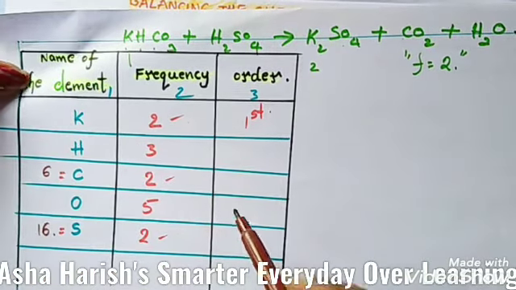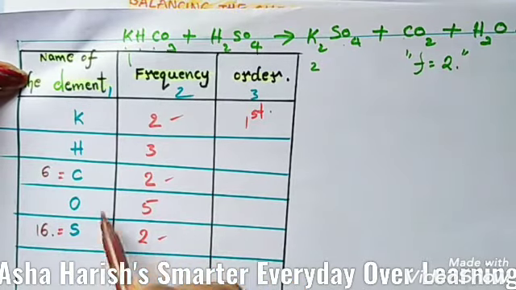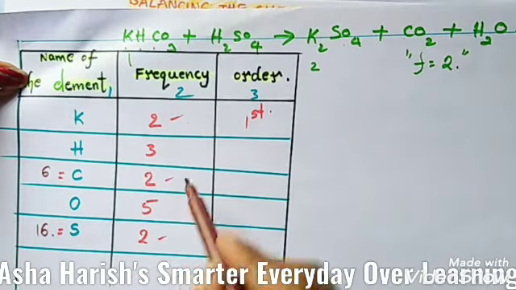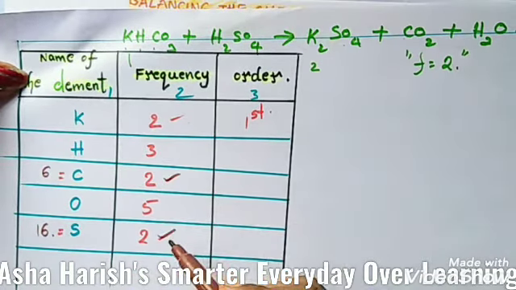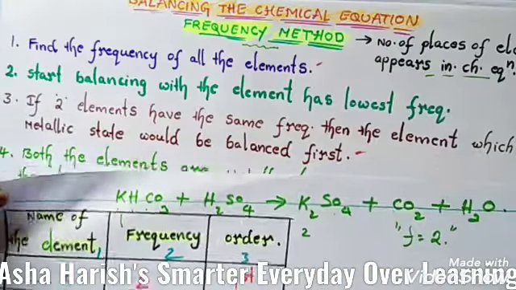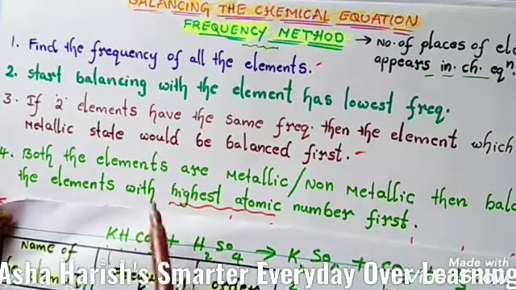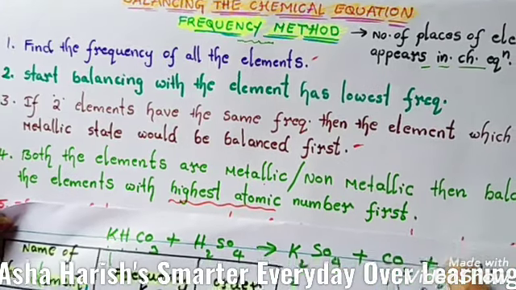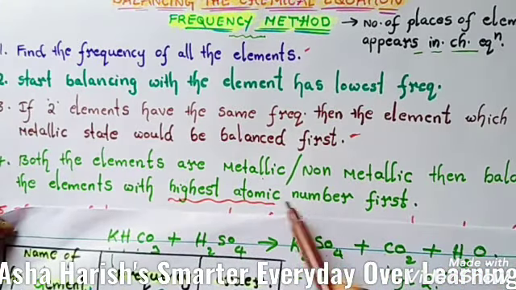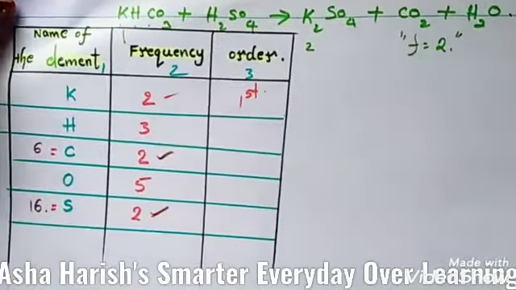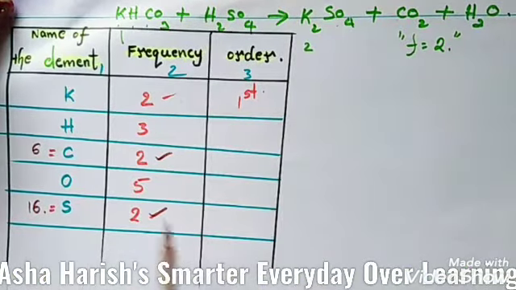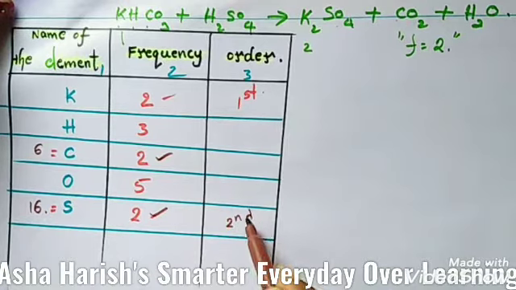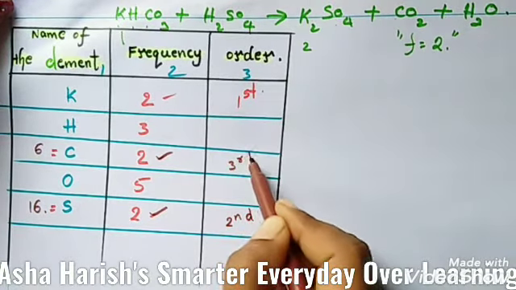These two are non-metallic in nature and their frequency is the same, so you have to take them according to rule number 4: if both the elements are metallic or non-metallic in nature, then balance the element with the highest atomic number first. Here the highest atomic number is sulfur, so sulfur is second and carbon is third.